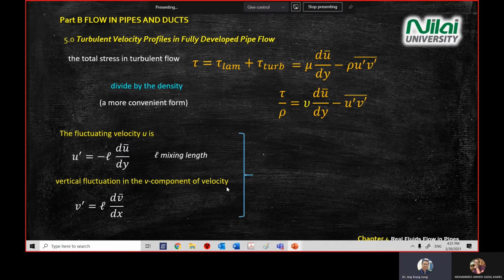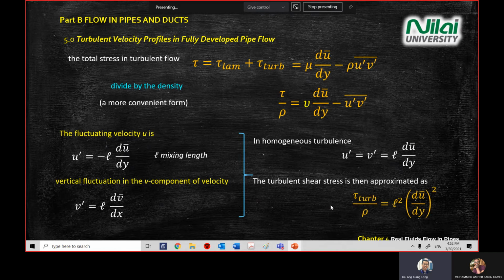You put these two together, and in our derivation, we go for a homogeneous turbulent condition, so these two will be the same. You can write u prime v prime equal to one equation, L times du over dy.